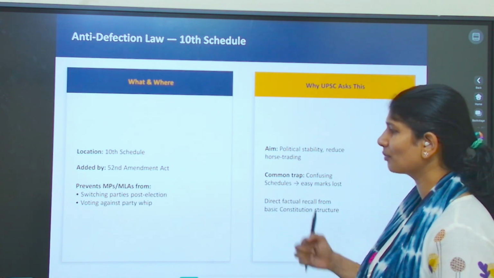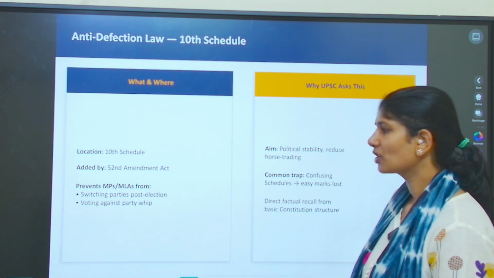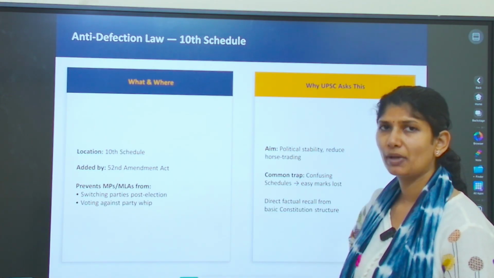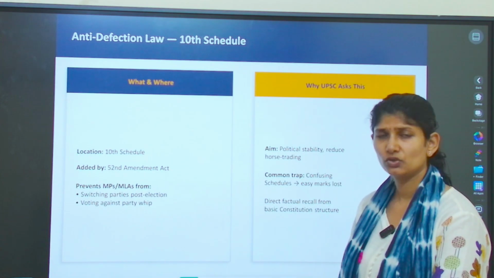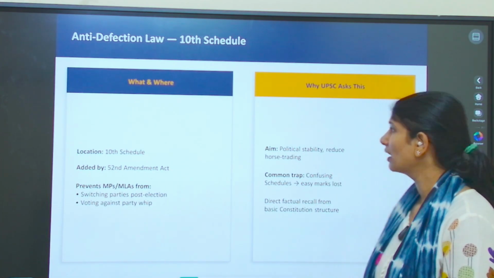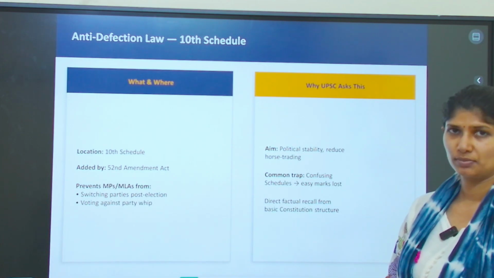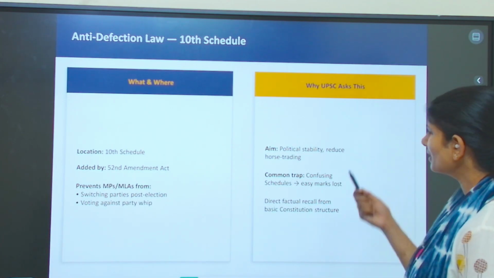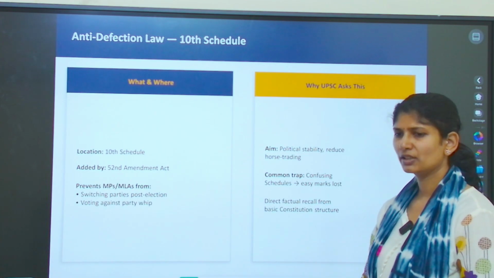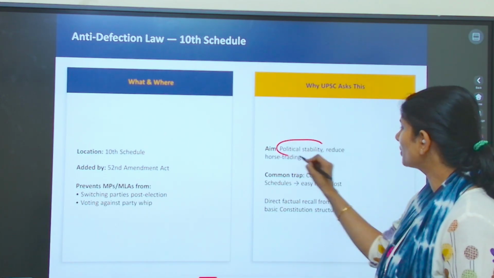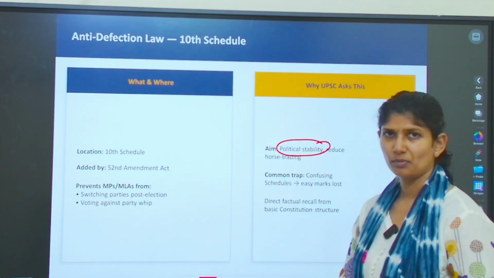It prevents MPs or MLAs from switching parties post the election, and they can't vote against your party whip. Disciplinary actions will be taken. Next, why is UPSC asking this question in the first place? See, the whole point of anti-defection was one important thing: bringing in political stability.